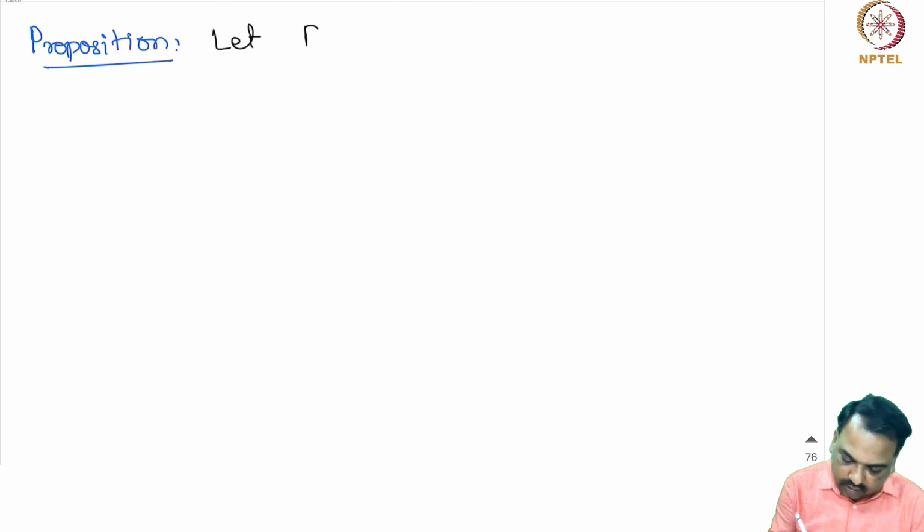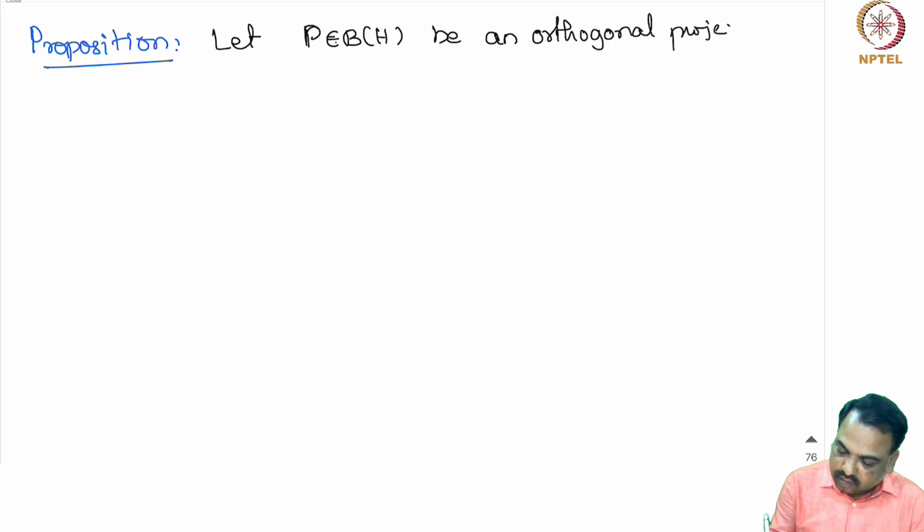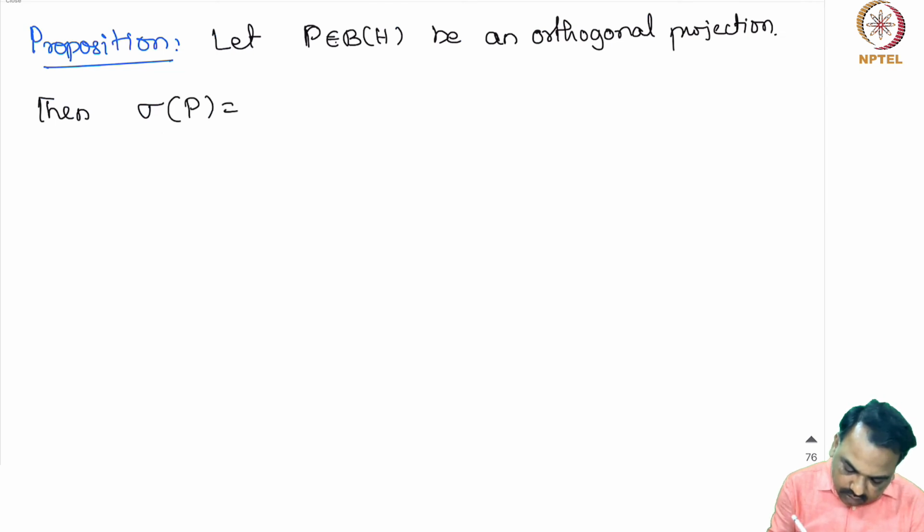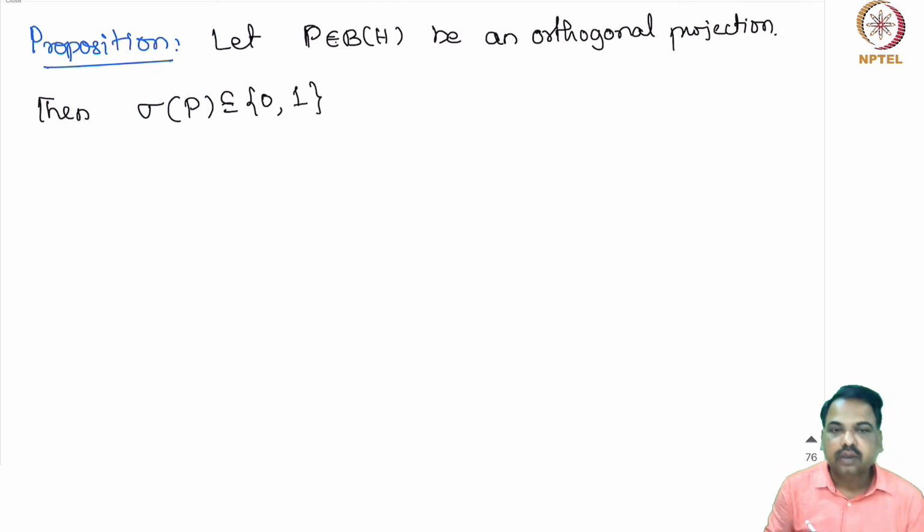Let P be an orthogonal projection. Then the spectrum of P is contained in the set consisting of two elements, 0 and 1.